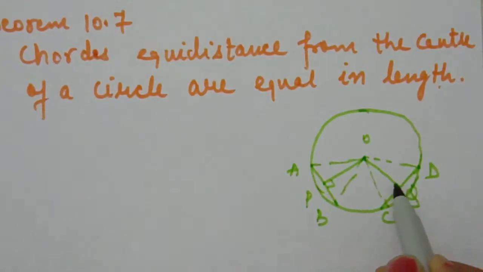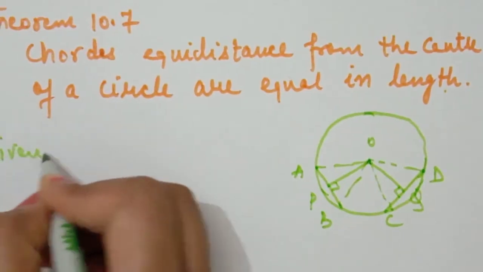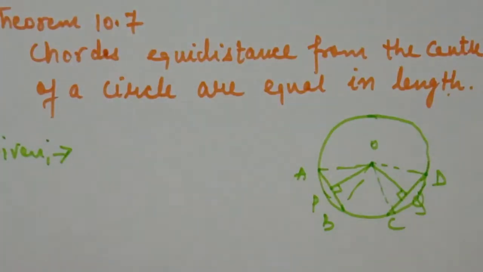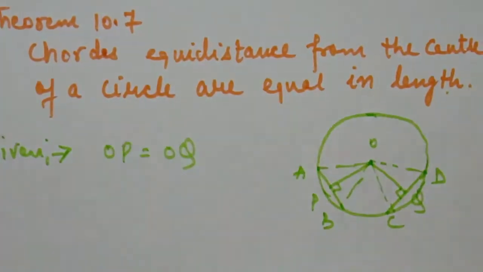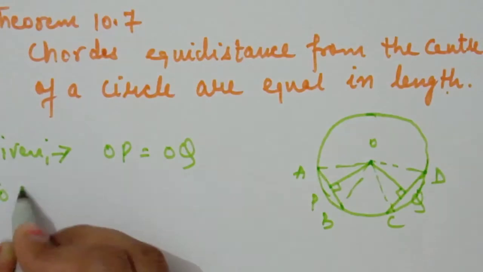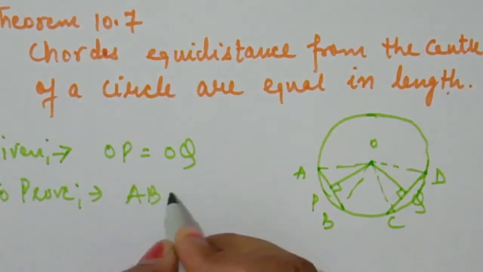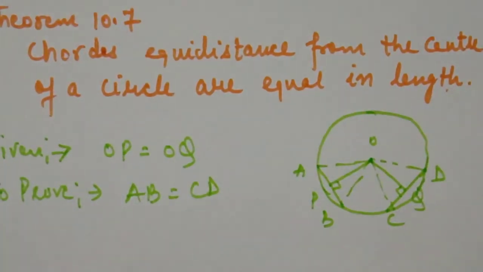This is 90 degrees. So students, first of all, what is given? Chords are equidistant from the center of the circle. It means it is already given that OP is equal to OQ. We have to prove that the chords are equal. So AB is equal to CD.